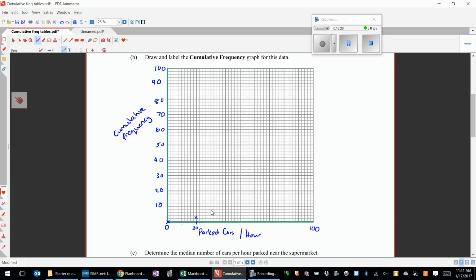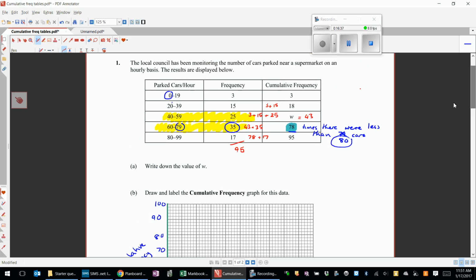Because with the cumulative frequency, remember on the table I said it's how many were less than. Now I could say between 0 and 79, but it's not always like this group. Sometimes we've got other groups with more than, less than symbols. So this is a specific situation, and we have to understand that 0 to 19 is basically less than 20, right?